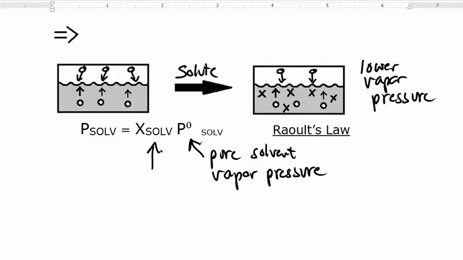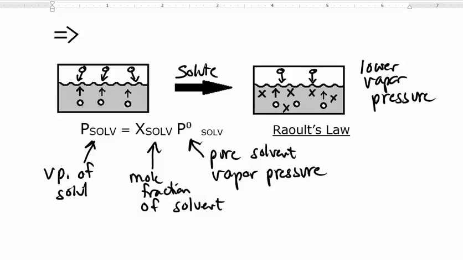And this is the mole fraction, chi, of the solvent. Then together they multiply to give the resulting new vapor pressure of the mixture. So it lowers the vapor pressure.